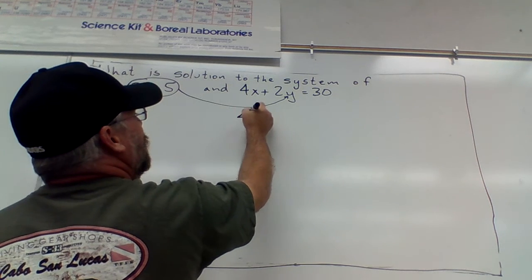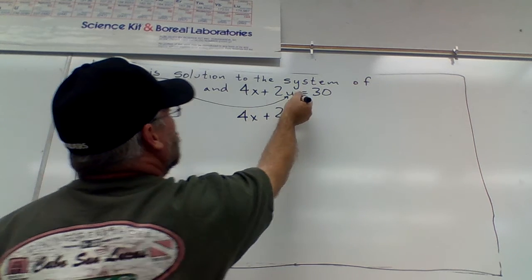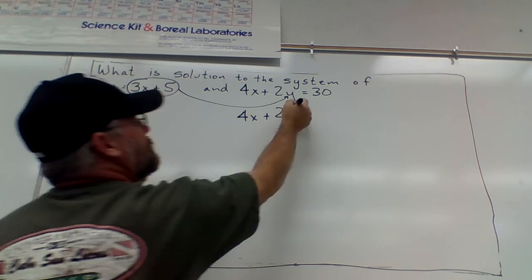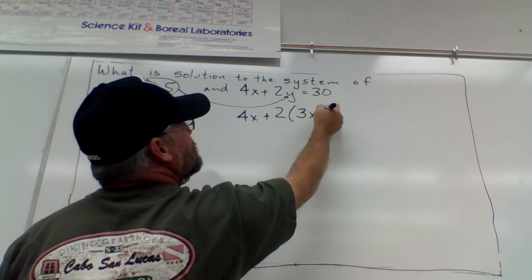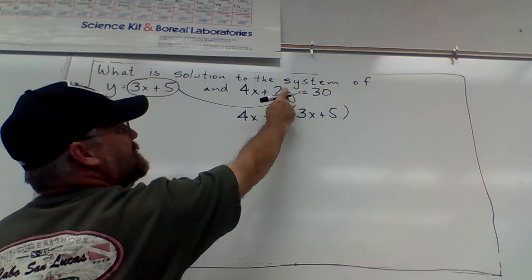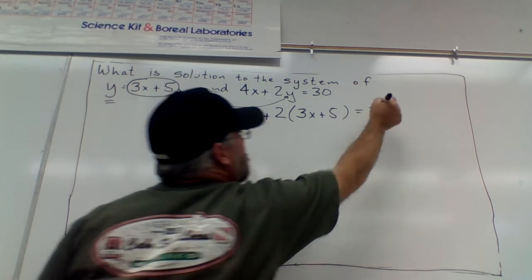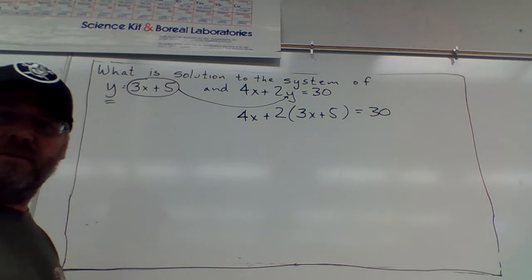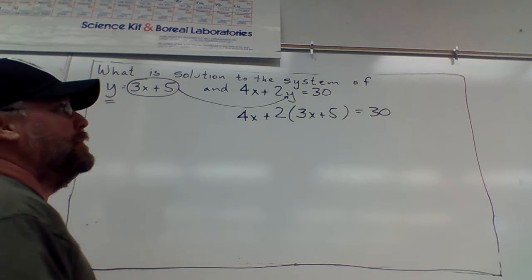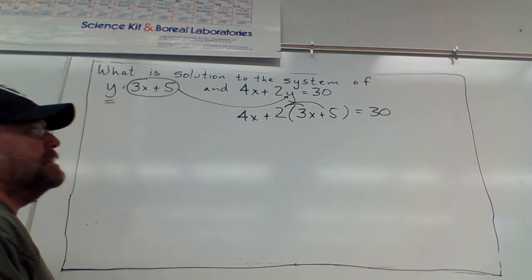So if I have 4x plus the 2 here, then I plug in that y. So I'm going to plug in y, which is 3x plus 5. Again, 3x plus 5 over here gets plugged in for that y right there. Then it still equals 30. Now I have to make sure that I distribute that 2 on the 3x and the 2 on the 5.